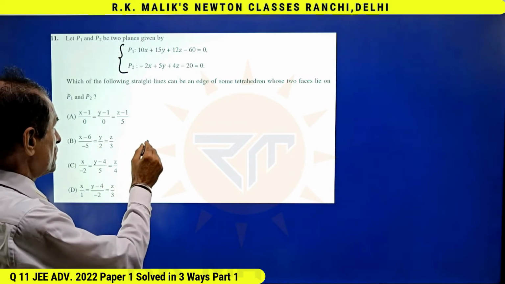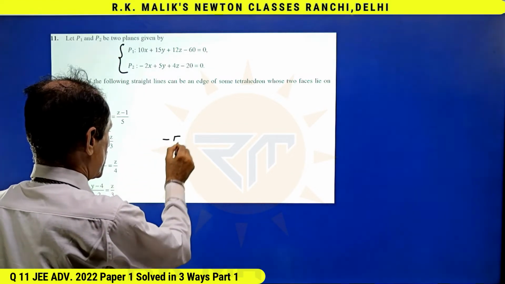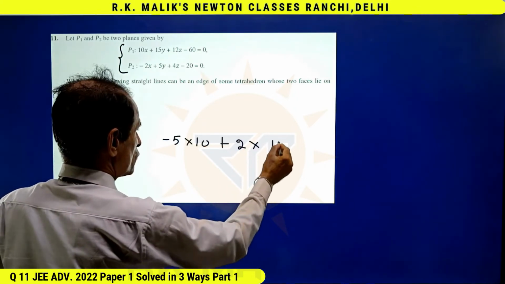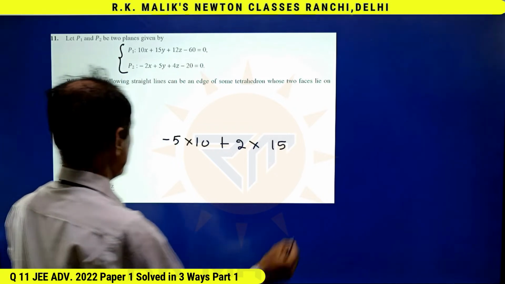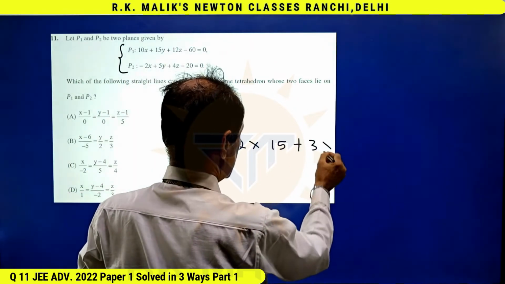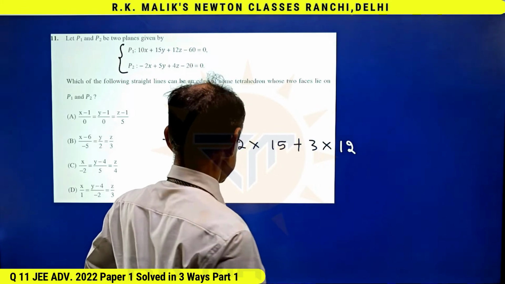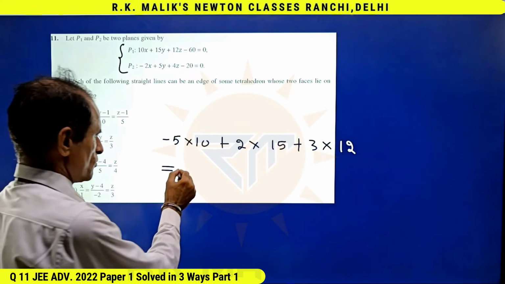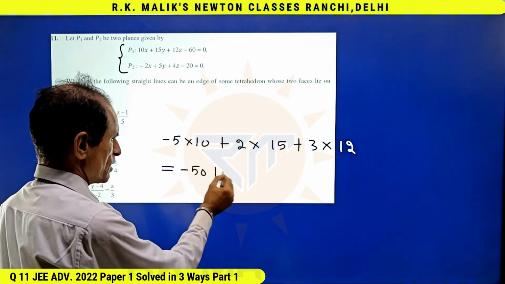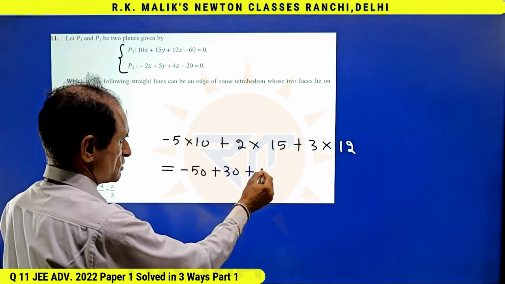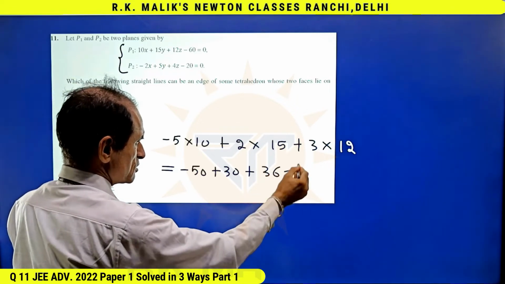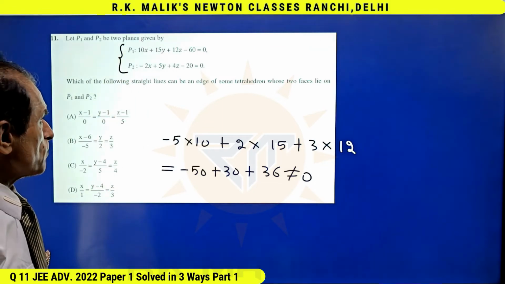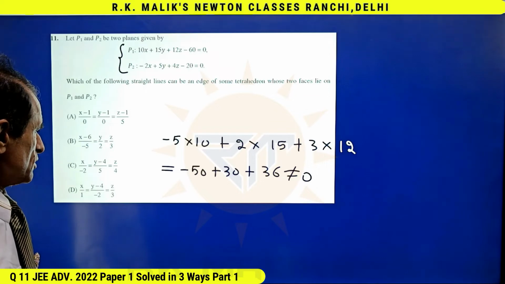That is, I will check the value of minus 5 into 10 plus 2 into 15 plus 3 into 12. Clearly, this is equal to minus 50 plus 30 plus 36, which is non-zero. Hence, this line is not parallel to this plane, the first plane.